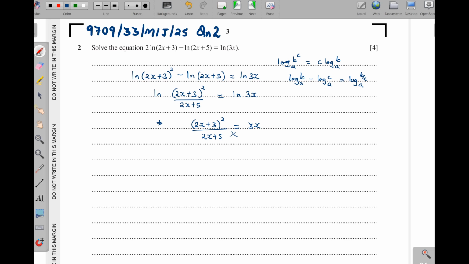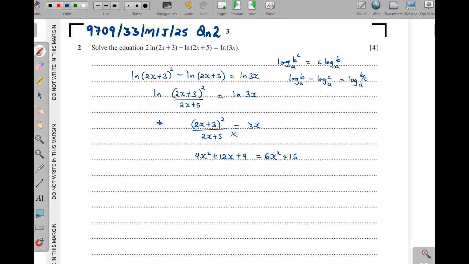Then we can open the brackets and then simplify. So 2 squared here will give us 4x squared, then 2 times 2 times 3, isn't that 12? That is 12x, then square the 3, that is a 9. Then this side, 3 times the 2, that will be 6x squared, and then 3 times 5, that is a 15, right?